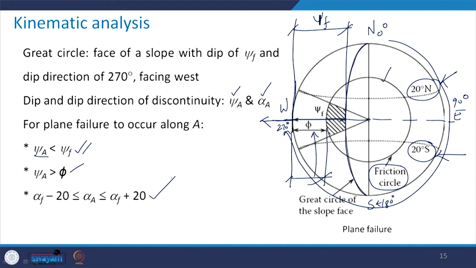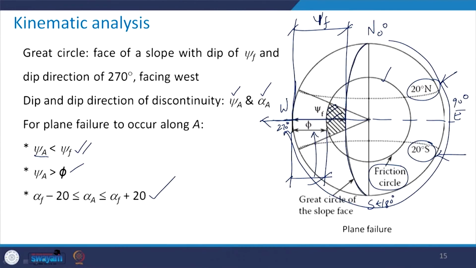You take all these three conditions on this graphical plane and find out what is the area of intersection of these. So, you see that area I have shown here with the help of this hashed portion. So, if the discontinuity is lying somewhere in this zone, then only the plane failure is going to occur, otherwise not.